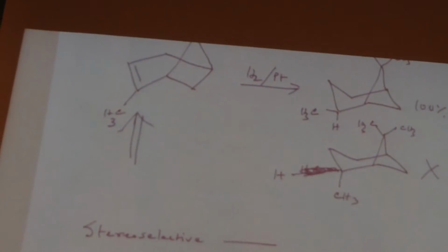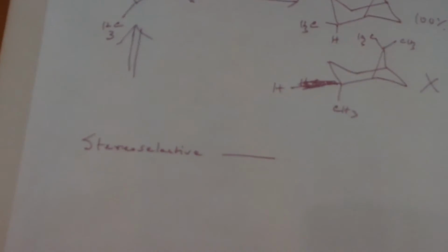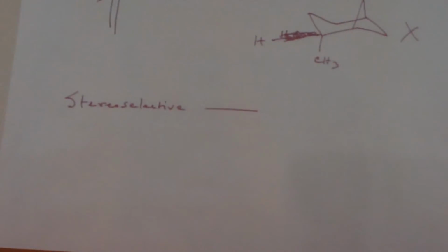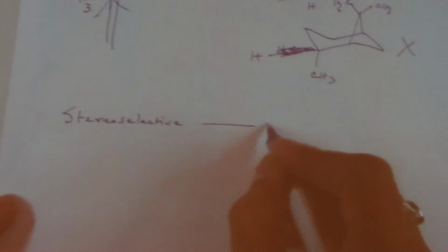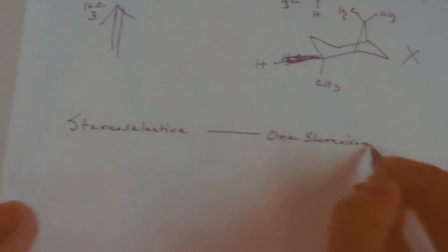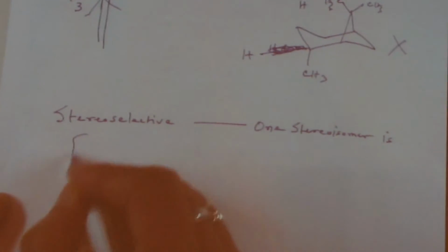The term stereoselective means more than one stereoisomer is possible to form, and one stereoisomer is formed in larger excess relative to the other stereoisomer or isomers.